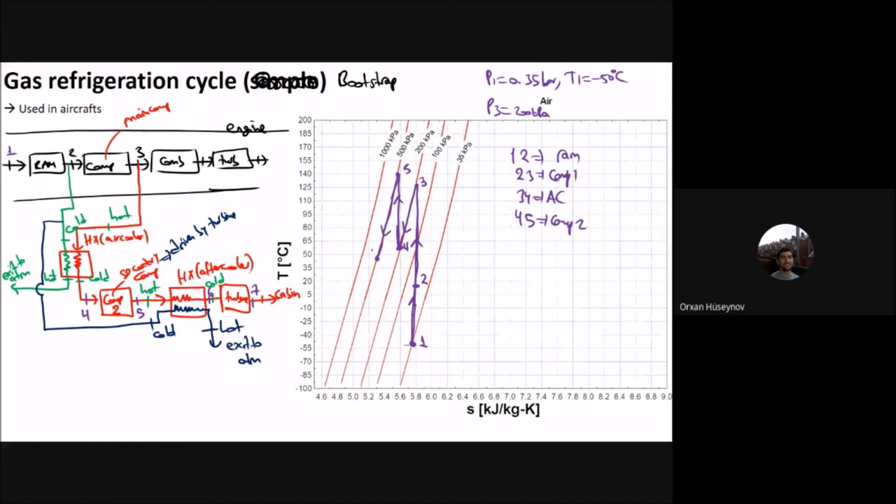I don't know the values here. Then from 6 to 7 it will be the turbine.